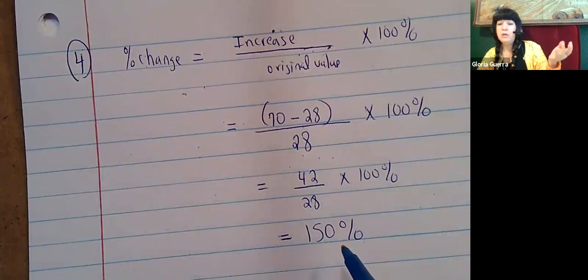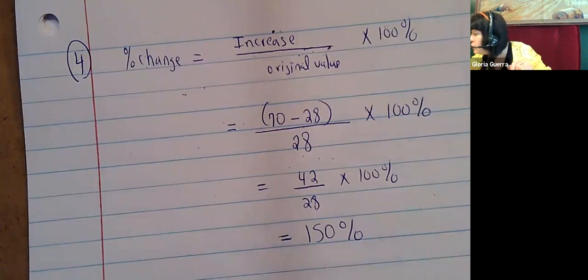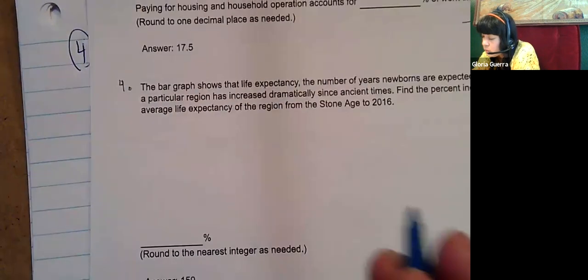This one just terminated on its own. But if you did have decimals and you did have to round off, they wanted you to round to the nearest integer. So remember, integer is the ones place value, or the nearest whole number.